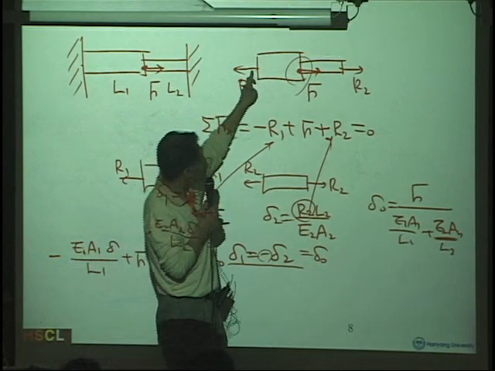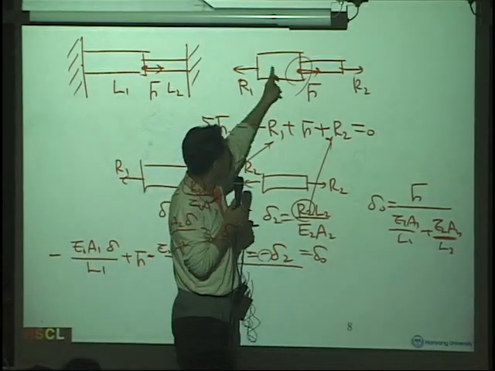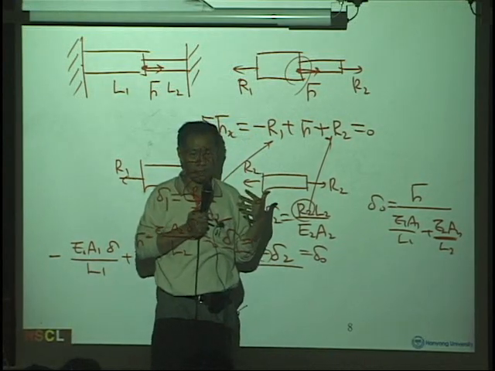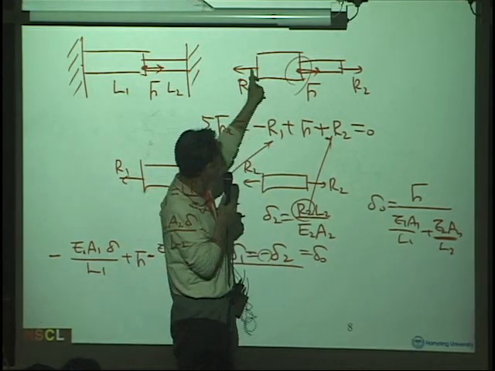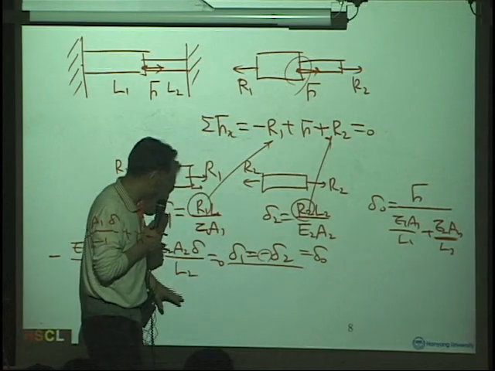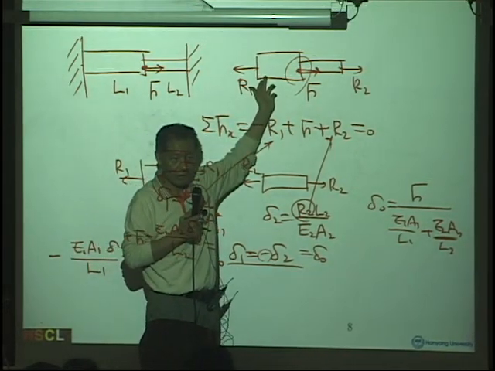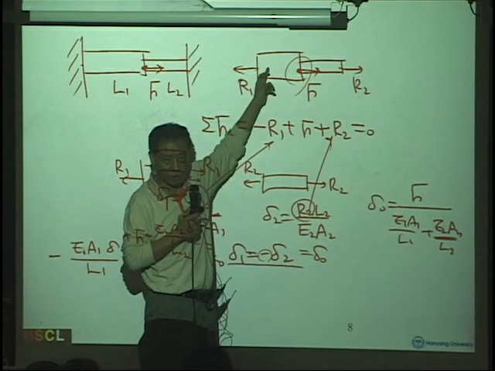Now if you start to solve the problem with this R1 and R2, you get the exact same result. I'm sure if you start with R1 here, then R1 will be negative, meaning, oh, you got the wrong direction.